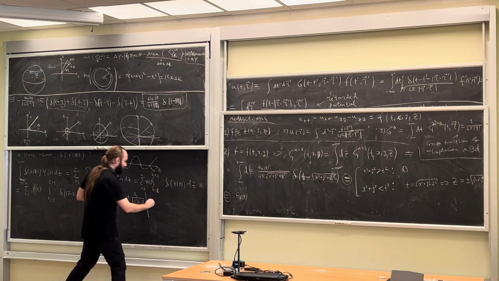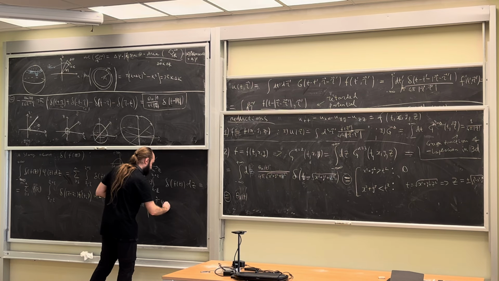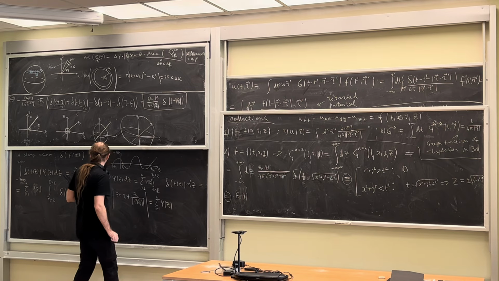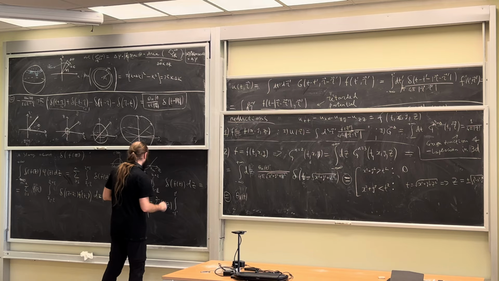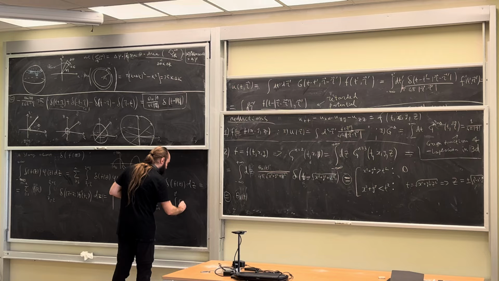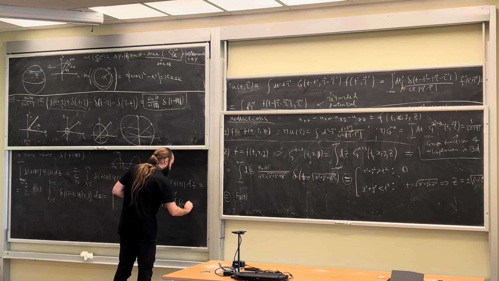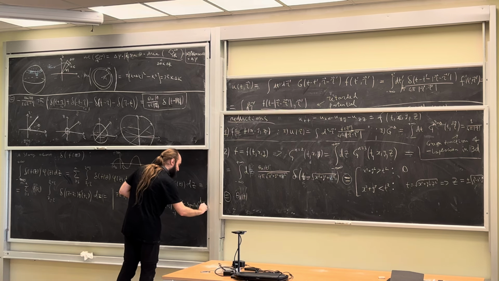Using this change of coordinate, you get phi of zi, integral from minus epsilon prime to epsilon prime, it's somehow scaled, delta of x times sign of f prime of zi, dx over the absolute value of f prime of zi.